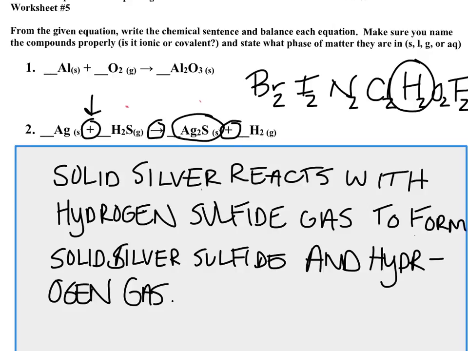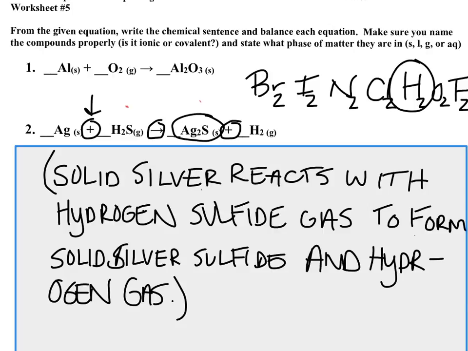So we just call it hydrogen. And if anyone ever said that we're reacting with hydrogen or creating hydrogen, we would assume it would be H2 and in the gas form. But there you go. We have it. Solid silver reacts with hydrogen sulfide gas to form solid silver sulfide and hydrogen gas. A lot of alliteration there in that solid silver sulfide. I like that. All right, but let's just balance this one up to make sure we have it.